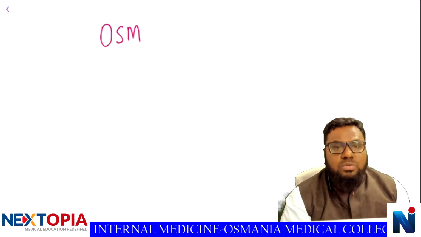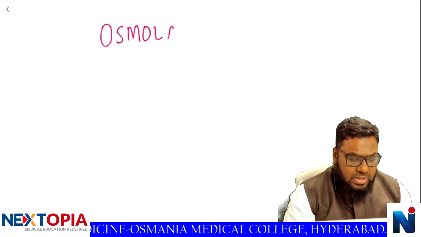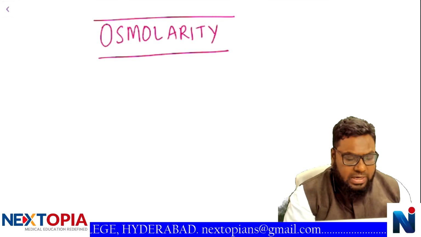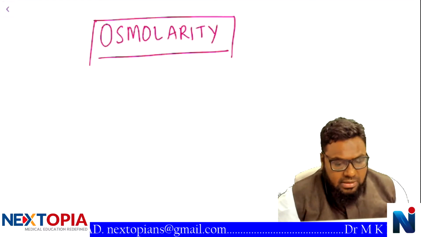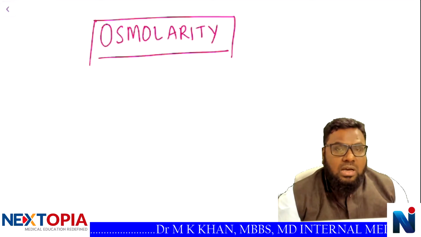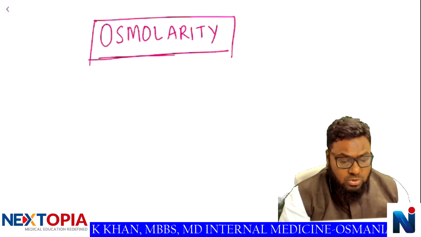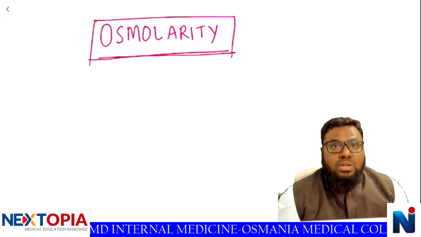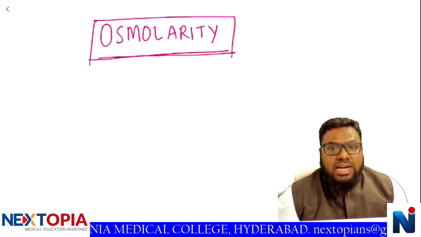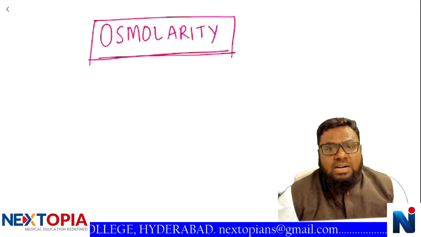And osmosis has one important property, osmolarity. In my classes for understanding fluid electrolyte balance in the kidney chapter and acid-base balance, I was discussing this point when I was discussing ADH hormone. Also in the endocrinology class I was discussing what is osmolarity. Now let us particularly understand what is osmolarity.